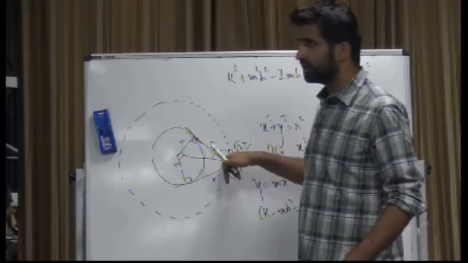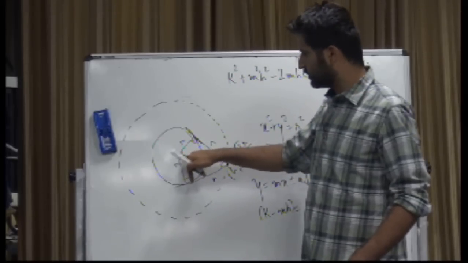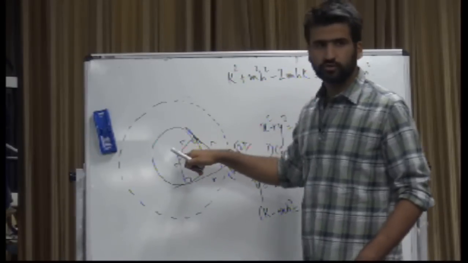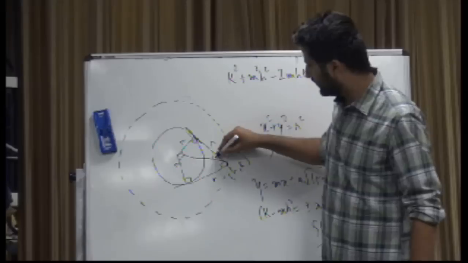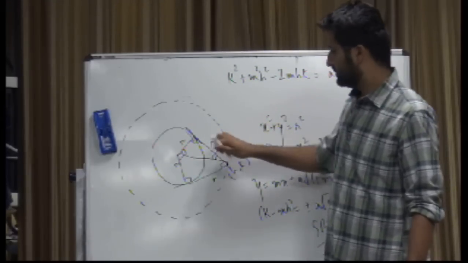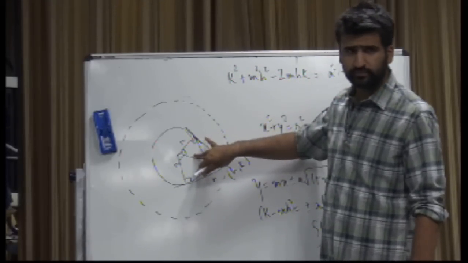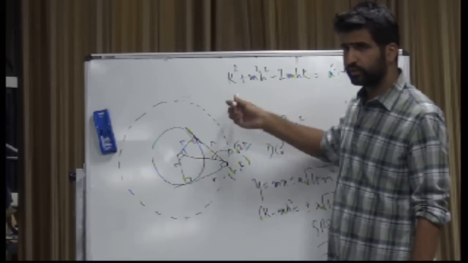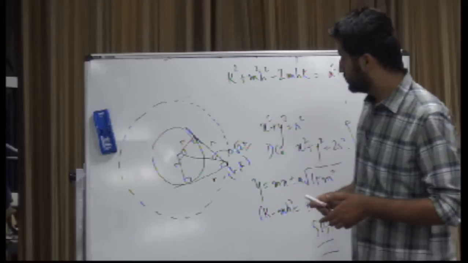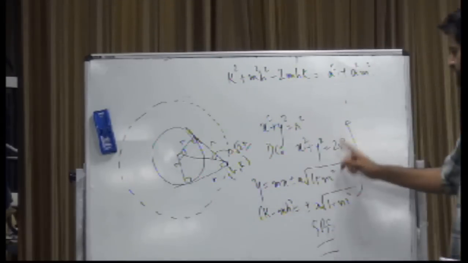If I take this angle as 90 degrees, this angle is also 90 degrees, this is also 90, this is a quadrilateral, so this angle is also 90. Or you can do it like this: this angle is 45, this angle is 45, since these two triangles are congruent, if you remember it from the 10th standard. So this is r, this is r, this will be root 2r. Therefore I got the circle x square plus y square is equal to 2r square.